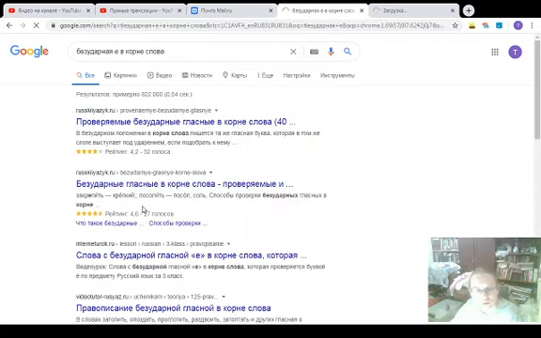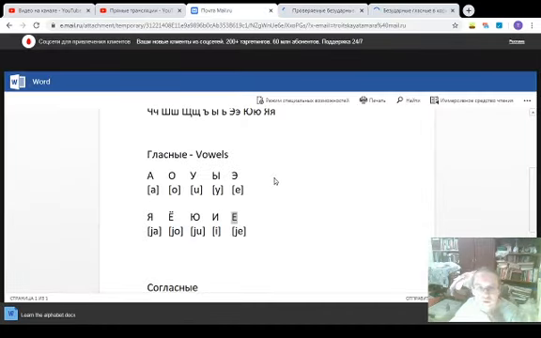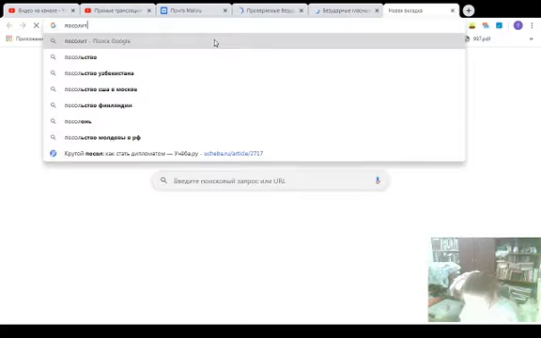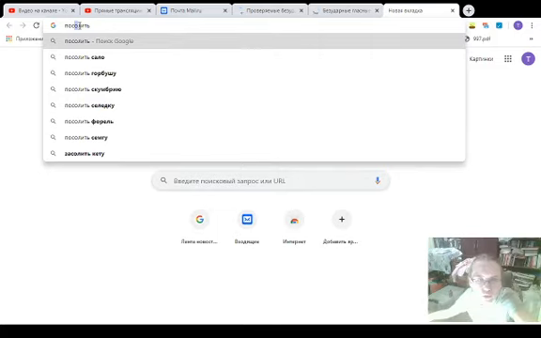So we have words with which we can check whether there is o or e when we write it. For example, we have the word посолить, and we say посолить, and we don't know what to write.